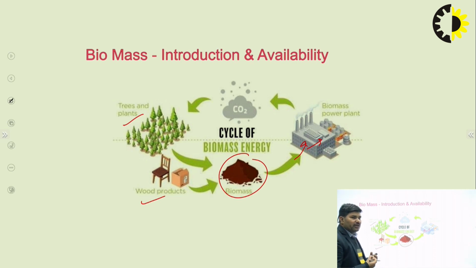We can use this energy by recycling goods like trees and plants or some waste, or wood products. So you can recycle the biomass energy and use it for social causes, or maybe for our regular work.